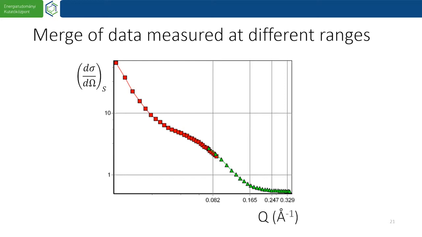Why is that so, because it's momentum transfer? Yes, because it's just easier: the reciprocal of this quantity will be directly the dimension in real space. So basically we work here in the reciprocal space.